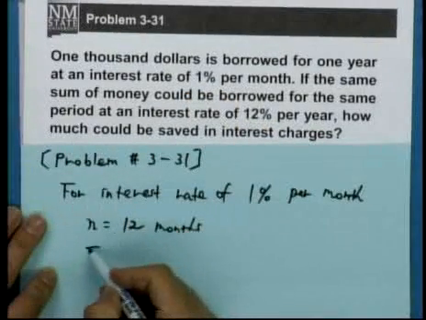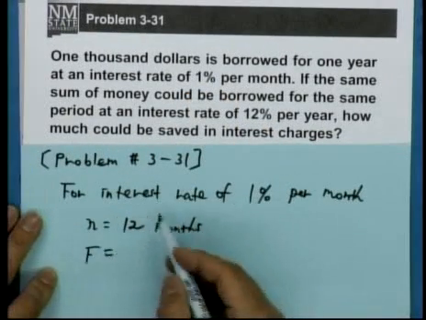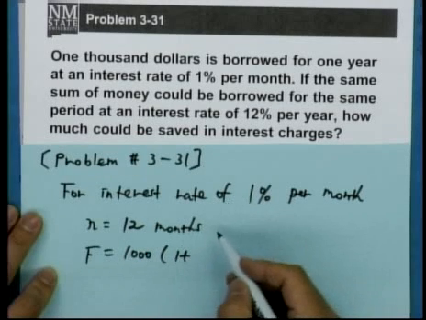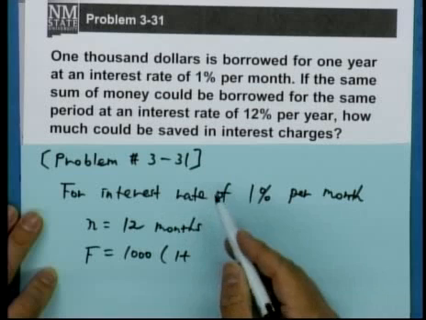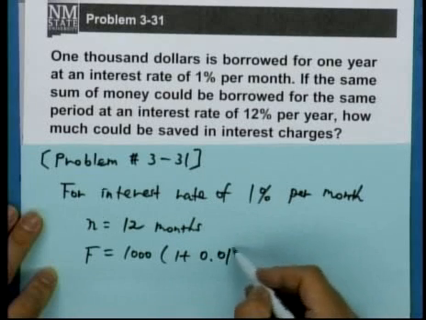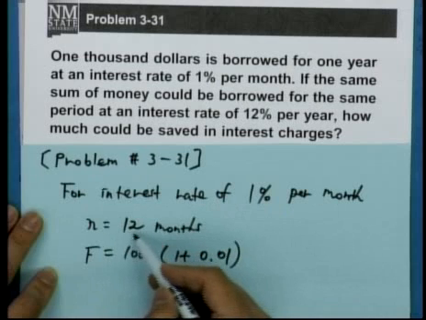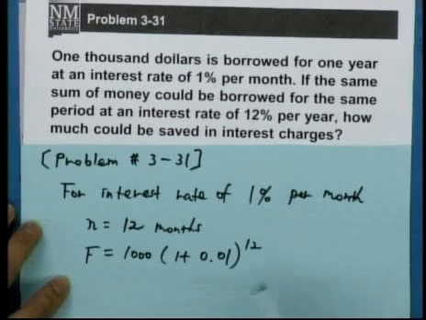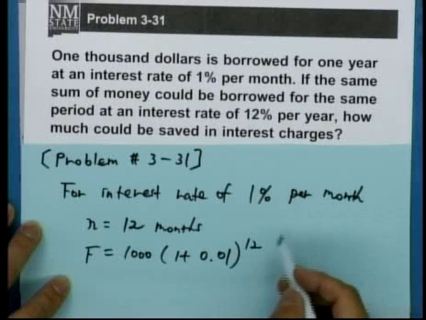And using the formula, F would be 1,000 times 1 plus 0.01 to the power 12, right? So what is this value?